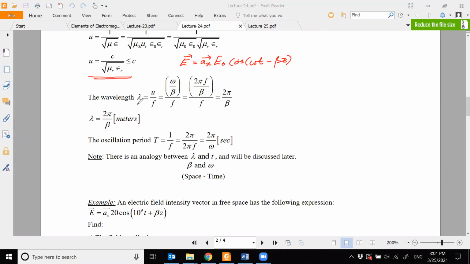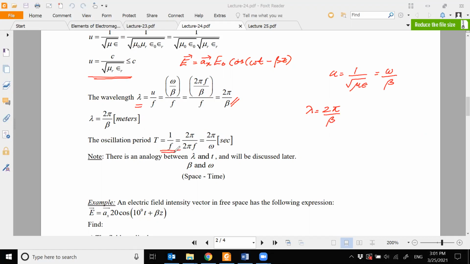Now the wavelength is u over f. It's not c over f because we are not generalizing it for any medium. So it is u over f. And u we just got: u is 1 over root of mu epsilon, and it is also equal to omega over beta. If I substitute here, omega over beta over f, it will be 2 pi f over beta f, or 2 pi over beta. So your lambda is 2 pi over beta, where lambda is the wavelength.